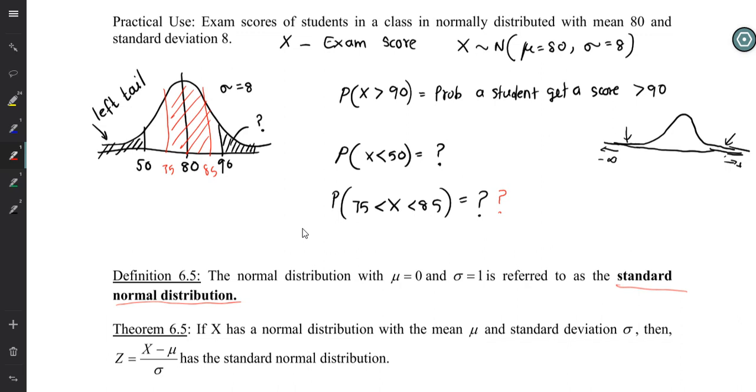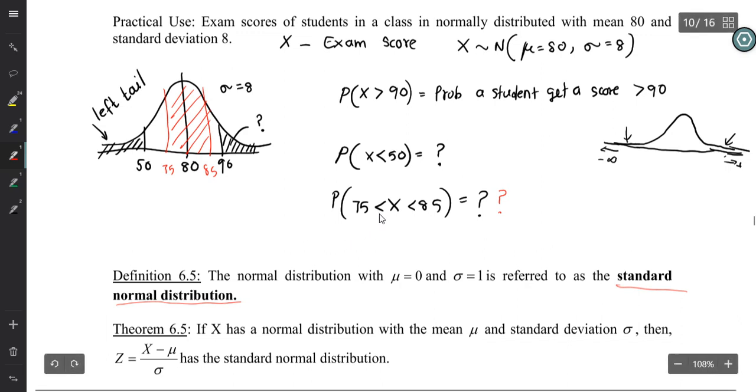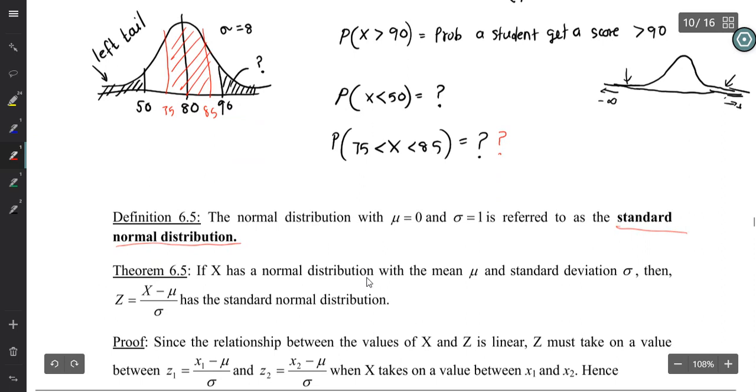After you standardize, you can read a standard normal table. There is a table available with the probabilities already calculated for you. When you know how to read the table, you can easily find the probabilities. And those who have done mathematics in A levels have already used this table. Anyway, we are trying to refine your memory.